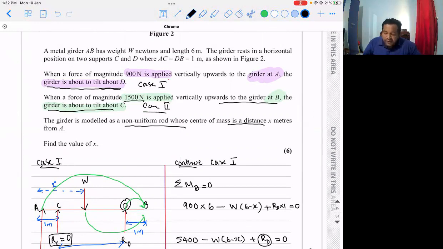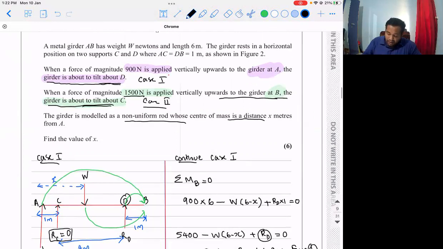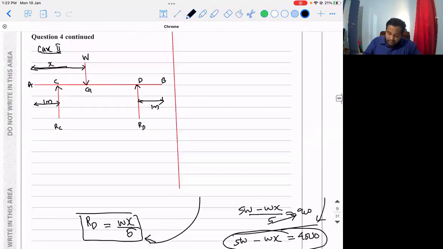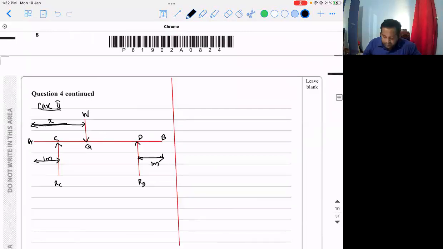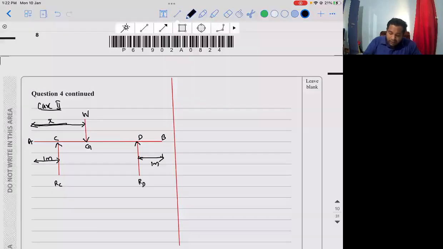So when a force of magnitude 1,500 Newton applied vertically upwards to the girder at B, the girder is about to tilt about C. So about to tilt at which point? About to tilt at C. So here we are applying a force of 1,500 Newton.